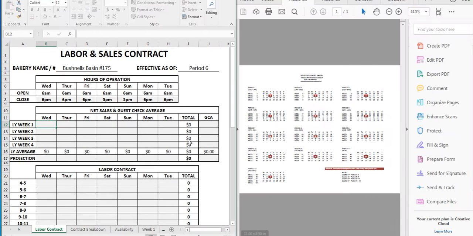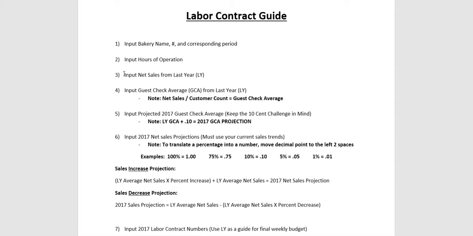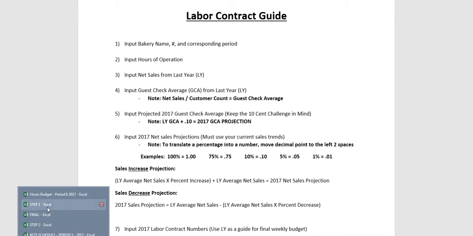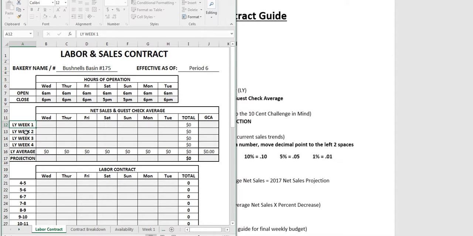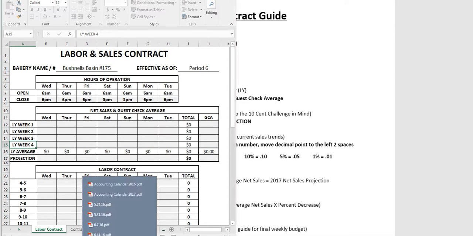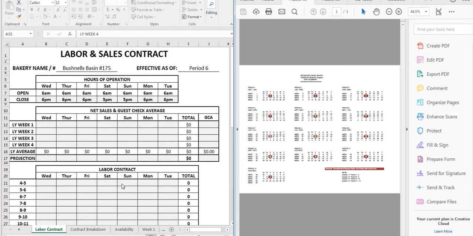So now that we've done that, the next step is to start inputting some data entry: net sales from last year. As you can see, we have last year week 1, last year week 2, week 3, and week 4. So what you'll have to do is go into accounting calendars.